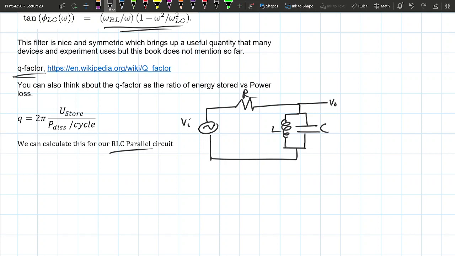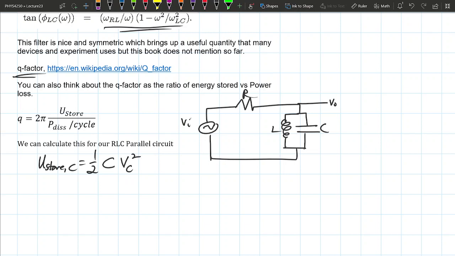Unfortunately I don't want to spend 15 minutes deriving each of these things, but if you go back to your general physics textbook, the amount of energy stored in a capacitor is equal to 1/2 the capacitance times the voltage across that capacitor squared. Does this sound familiar at all?